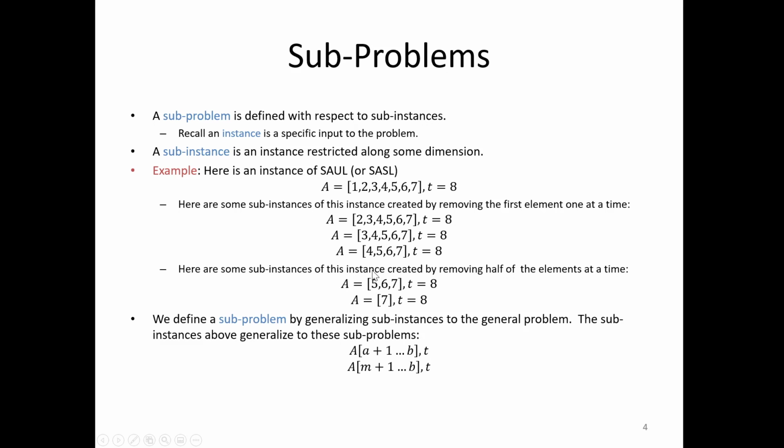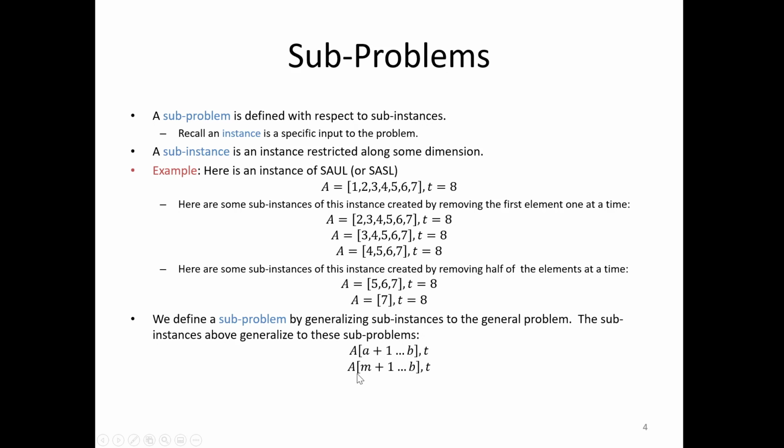Well then, if we write this more generally, we can restrict the general problem to get a sub-problem. So here, maybe a sub-problem, instead of going from indices A to B, we might go from A plus 1 to B. Here, M is not defined, but maybe we can define M to be some middle element.